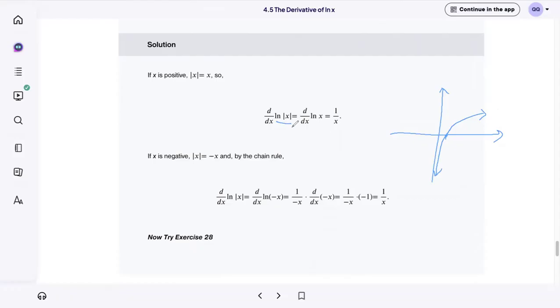If x is given as a negative, then we'll have this kind of graph. We'll have to negate the negative. But in either case, we can prove going through these calculations, the derivative of ln of absolute value of x equals 1 over x. Right? So we can still use that.